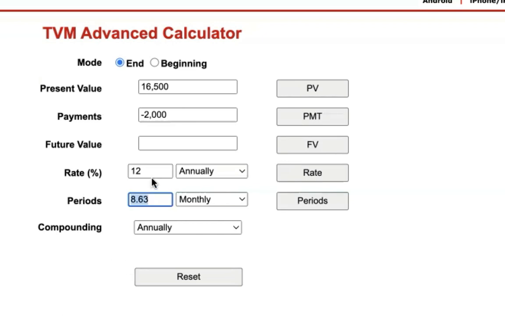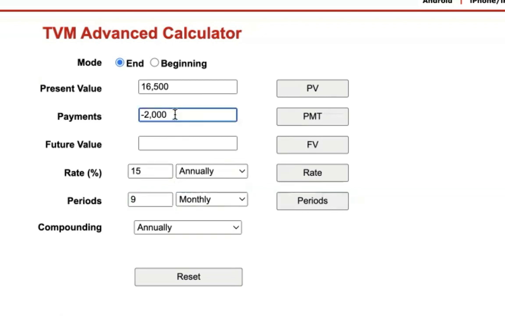However, she wants to earn an interest of about 15%. Now, how many months is she going to receive the payment? So, 9 months, right? Kasi you round that off. So, ito pa rin yan, 15% annually, 9 months. And then you will receive payment of 2,000.